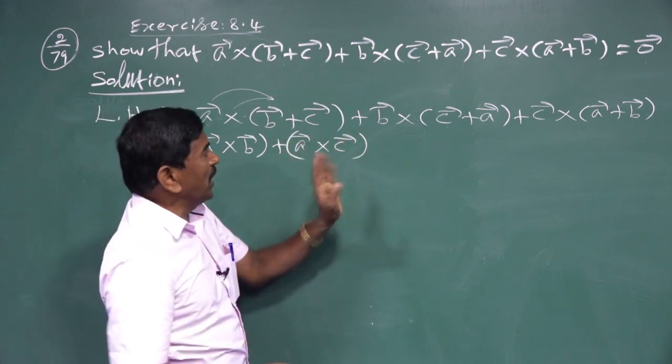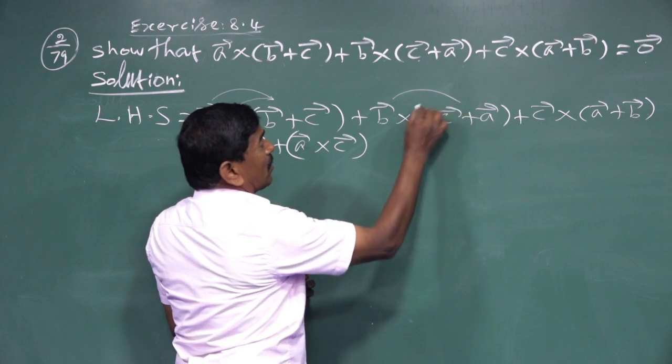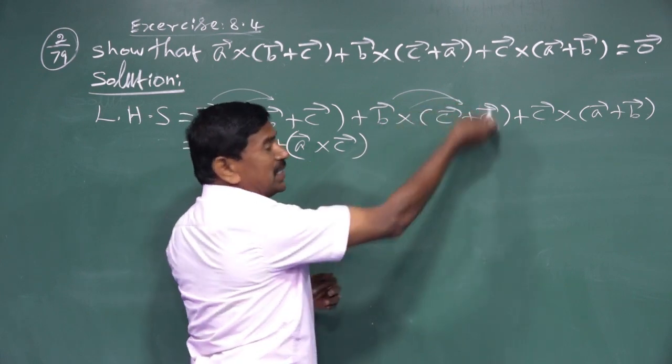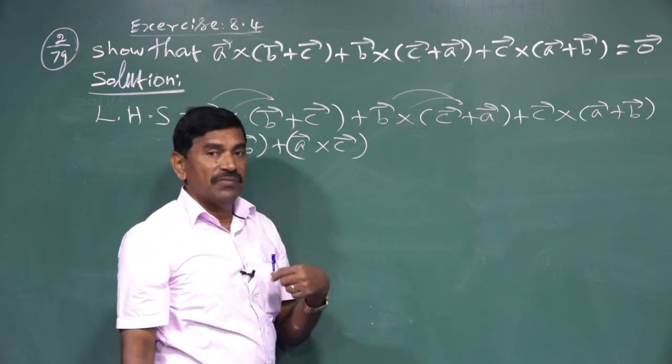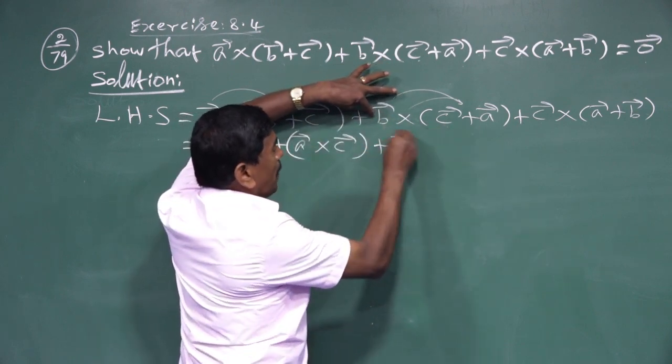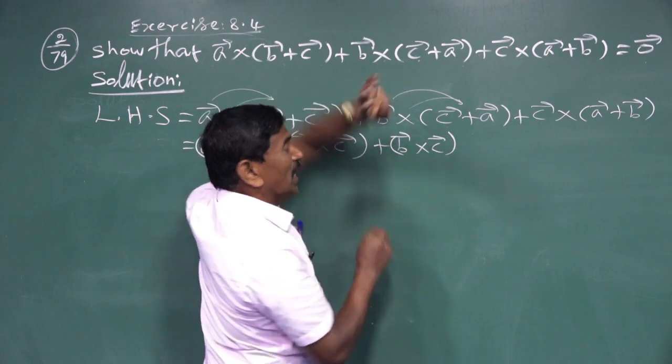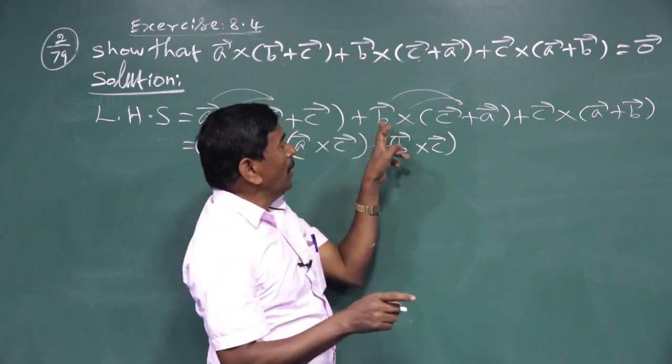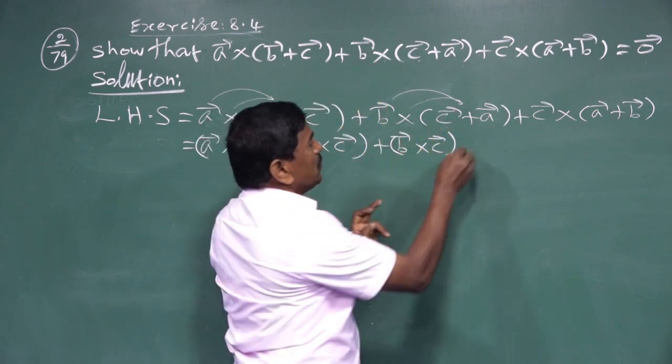Okay, next similar idea. B vector and the cross product going to multiply inside the bracket. Can you tell me yourself? Very good. B vector cross C vector. Okay, next step. Good. B vector cross A vector.